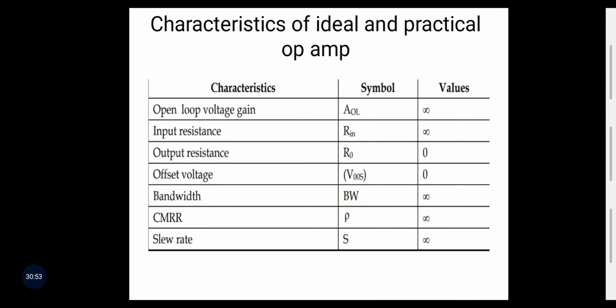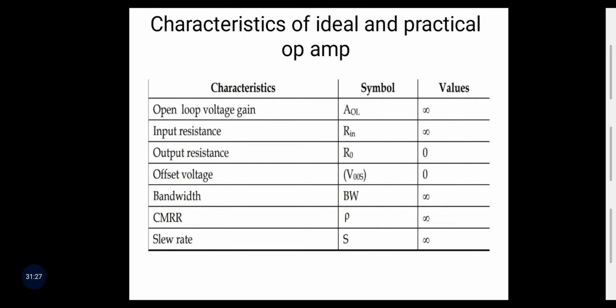Next, CMRR. What is CMRR? Common mode rejection ratio. Its value is infinite for an ideal op-amp, but practically it has some value. Next, slew rate. Slew rate is infinite for an ideal op-amp, but practically it has some value.